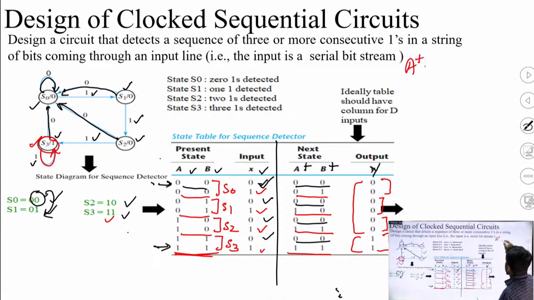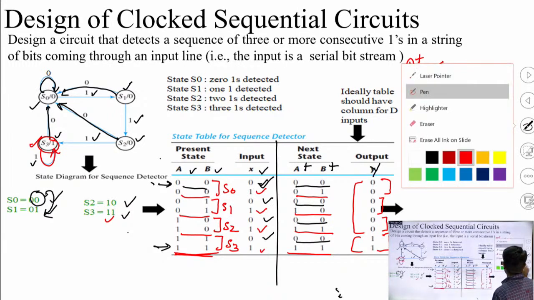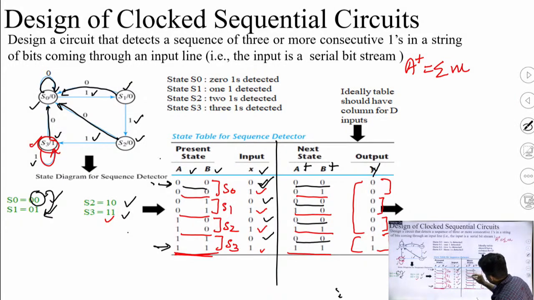For A plus, writing the minterms, I am highlighting these minterms, A plus 1 1 1. So, these 3 ones correspond to 0 1 1 (3), 1 0 1 (5), 1 1 1 (7). So, 3, 5 and 7.